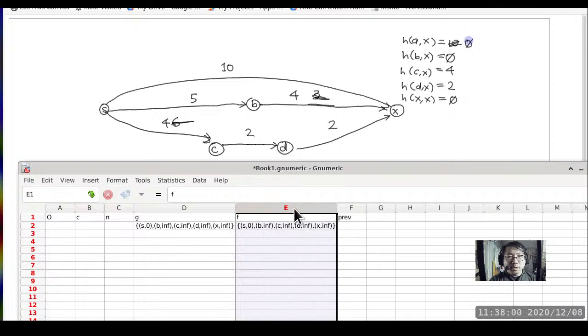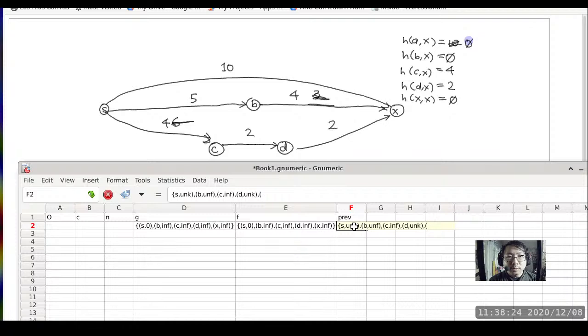And then now we have column G, which is the pref. So everything has a previous of unknown. So we don't know the previous of S. The previous of B is unknown. C has an unknown previous. D has an unknown previous.